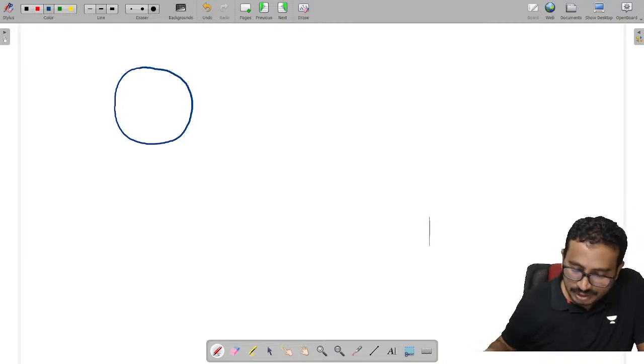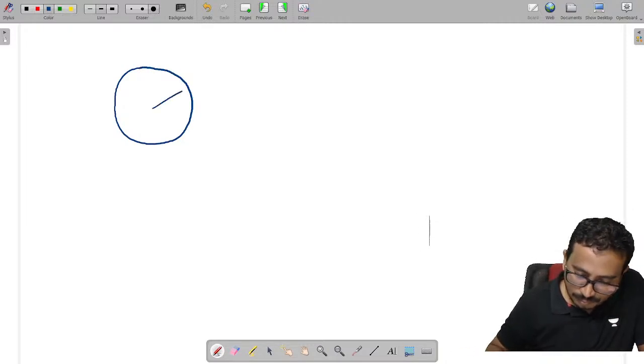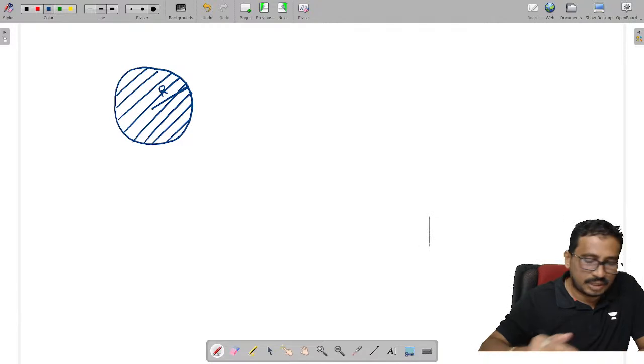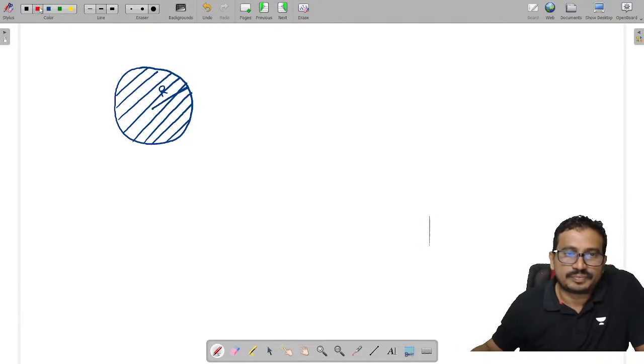This is my conductor. The radius of the conductor is capital R. And what type of conductor is this, you tell me? Solid conductor. So in this conductor, the potential is the same at every point.